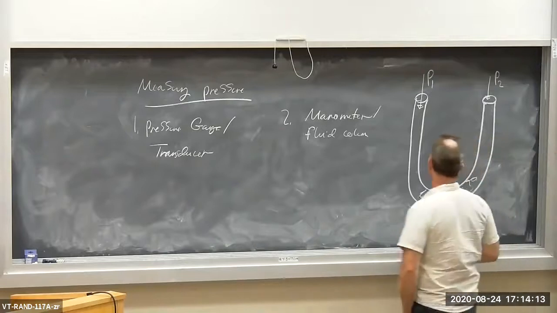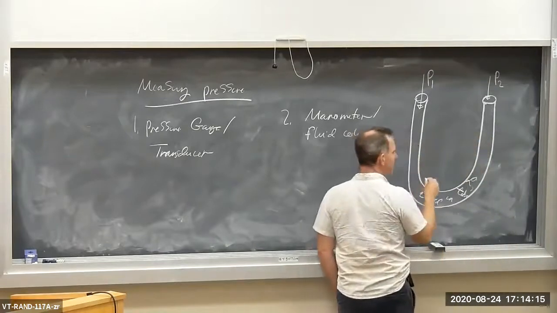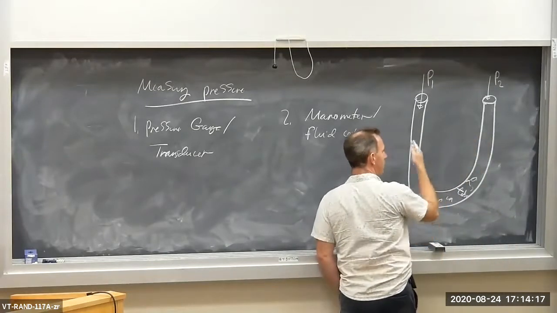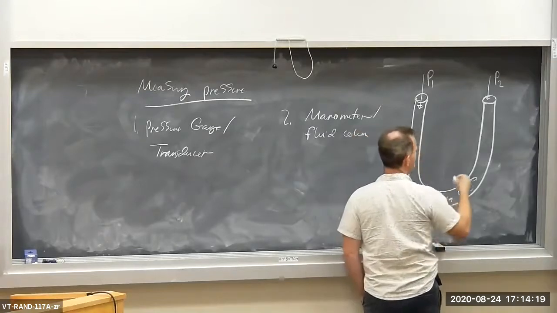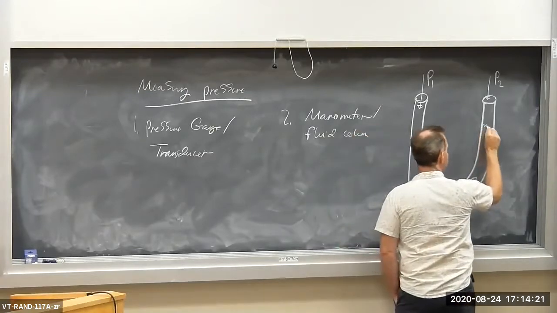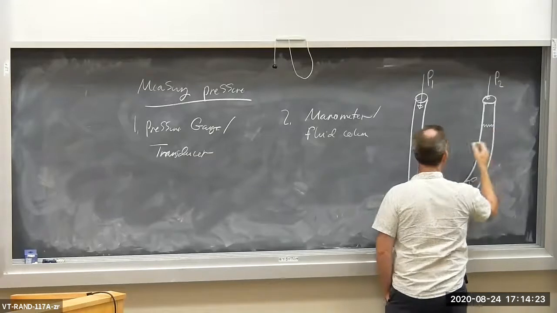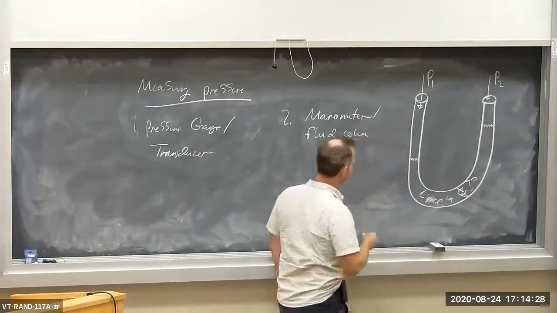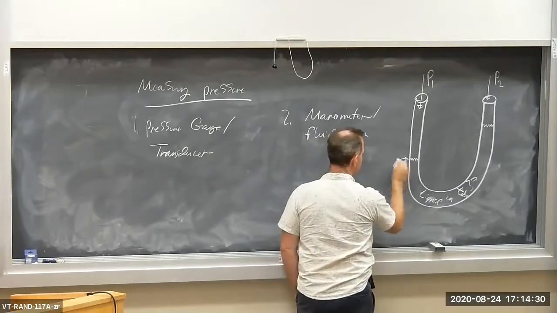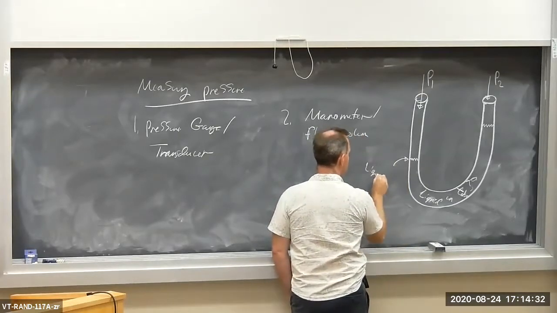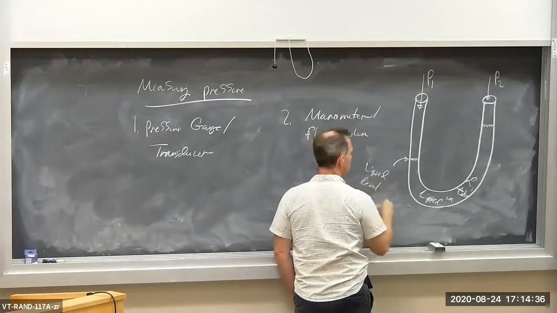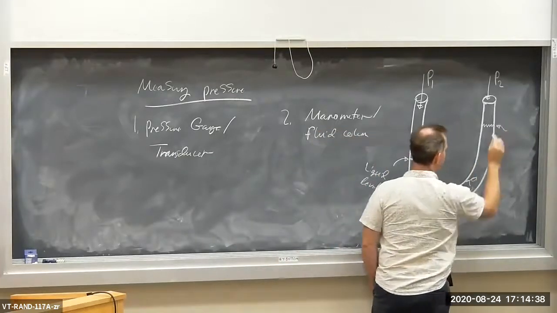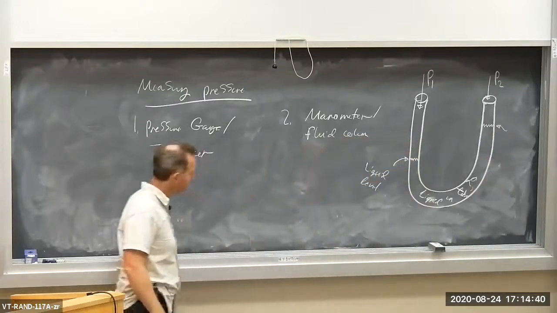Now, let's say the levels of the liquid on the left and the right are as follows. Here's the level of the liquid on the right, and here is the level of the liquid on the left. Liquid level, all right?